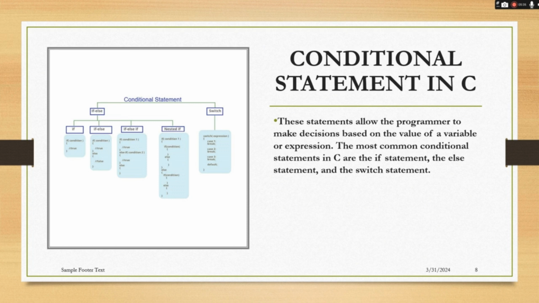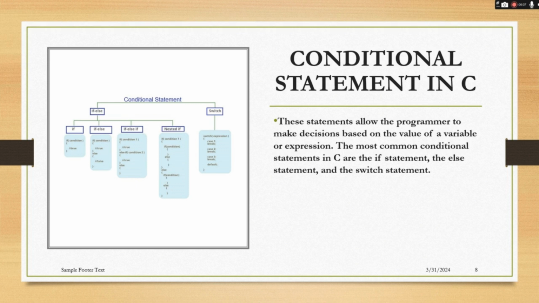This decision-making statement in a programming language decides the direction of the flow of program execution. So why do we need a conditional statement? There comes a situation in real life when we need to make some decisions, and based on this decision we decide what to do next. A similar situation arises in programming also, where we need to make some decisions, and based on this decision we execute the next block of code.